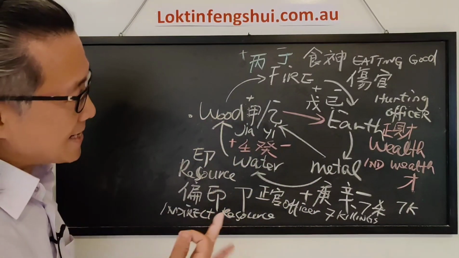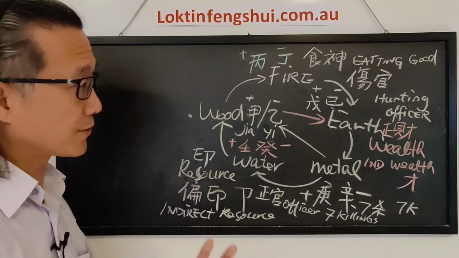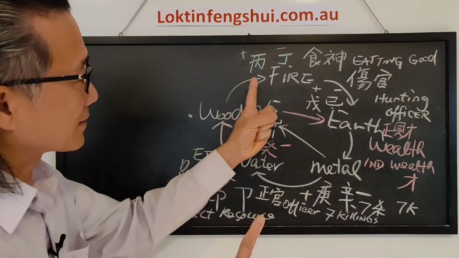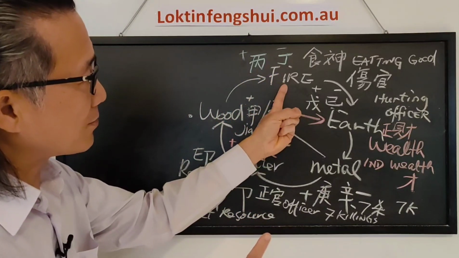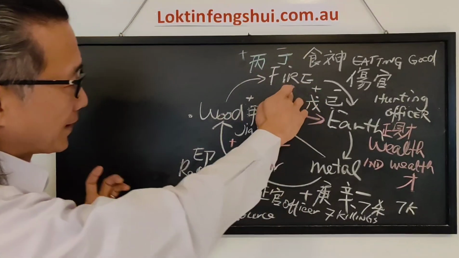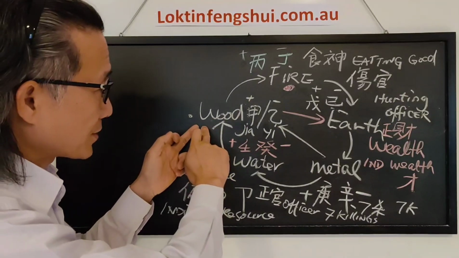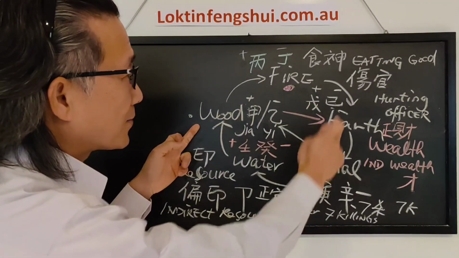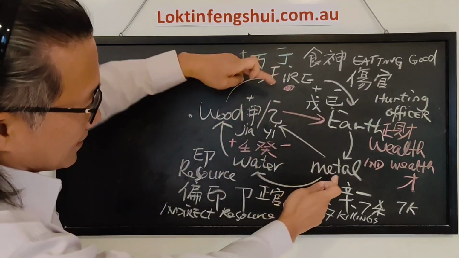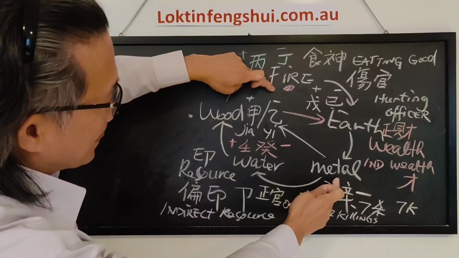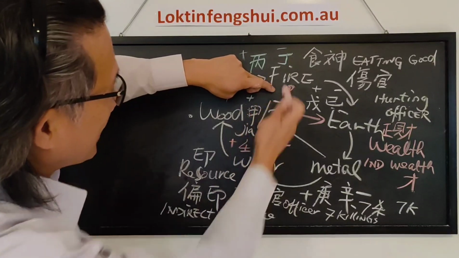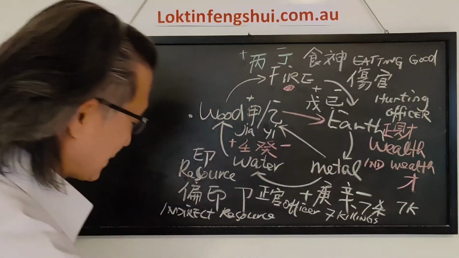So this is from the wood point of view. However, if you shift one step and stand in the fire point of view, then wood becomes the resources, okay? The earth becomes the eating god or hurting officer. The metal becomes wealth, and the water becomes officer, because water controls fire.